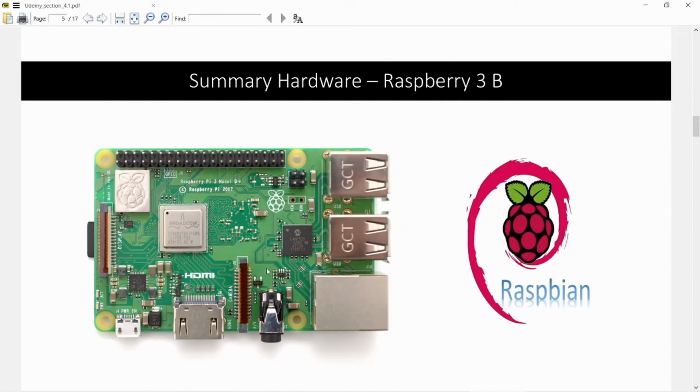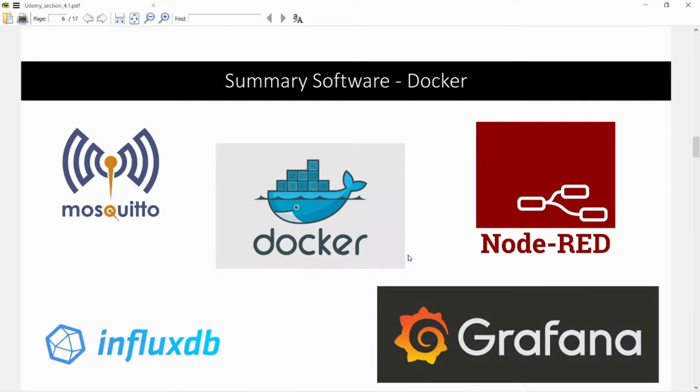Alright, and then what we used as a server was a Raspberry Pi, Pi 3B. We installed Raspbian on it, so that gives you your base operating system. Alright, then what we did after that is we installed Docker.